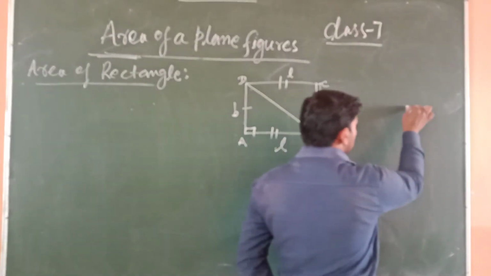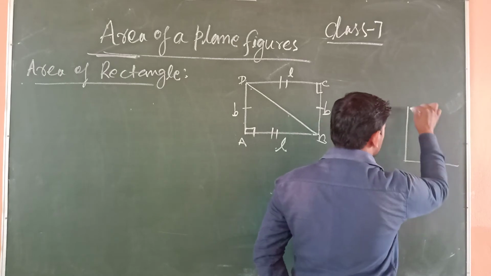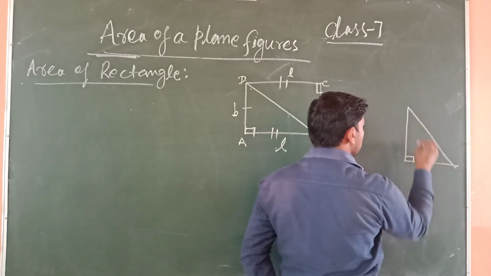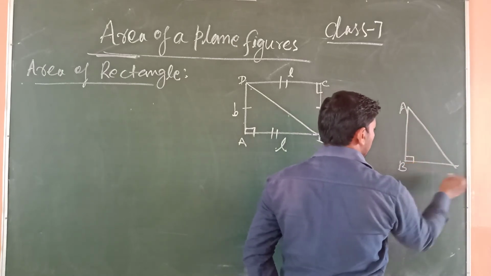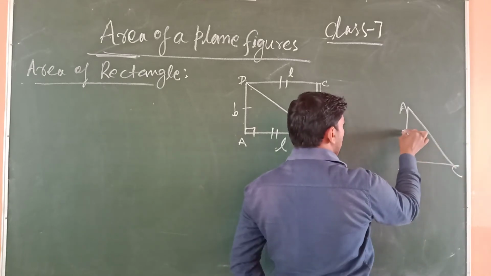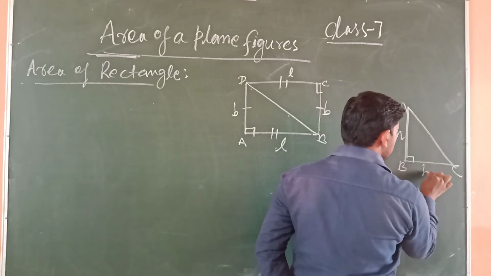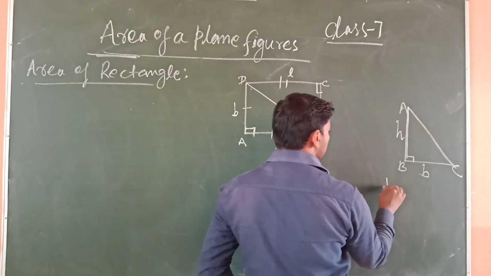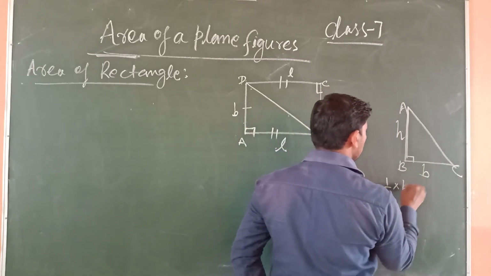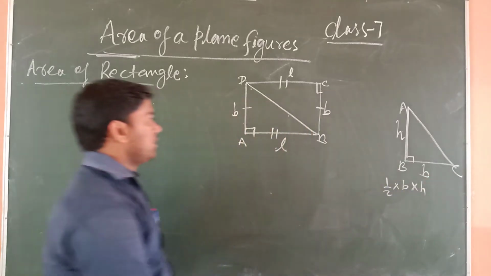See, it is a right angle triangle ABC. So AB is height and BC is base. So area will be 1/2 into base into height.